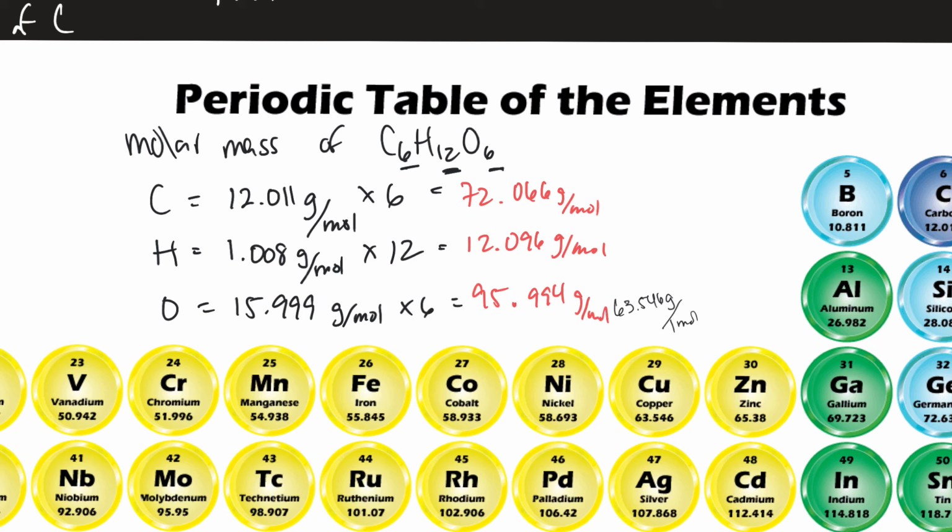Now we're going to take the sum of these three to figure out the molar mass of our compound. When we add them up, the molar mass is 180.156 grams per mole. So this is the molar mass of glucose.